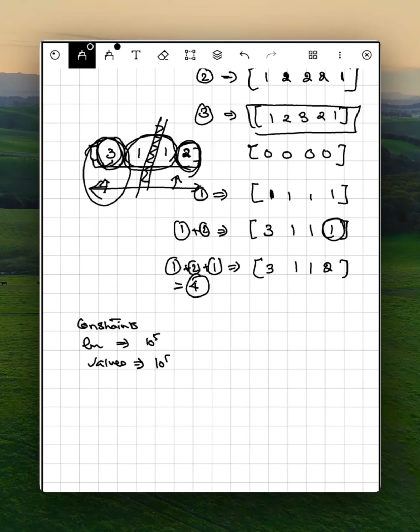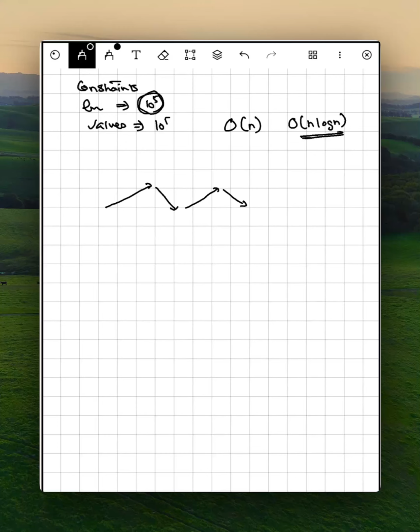So instead of trying to figure out the different subarrays, can we treat this problem as a series of increasing and decreasing values? What that means is that every time we are increasing, let's say this was 2, 3, 4.